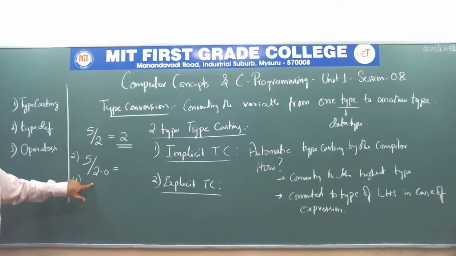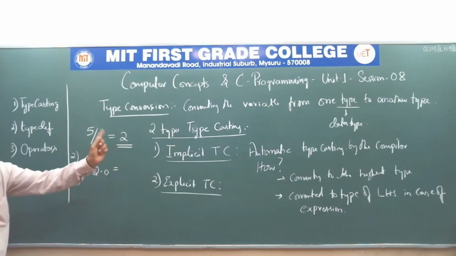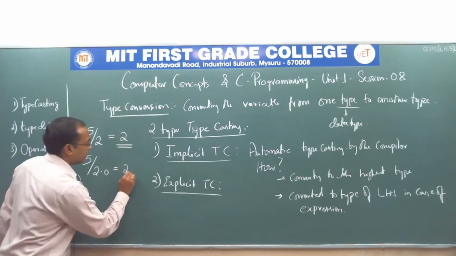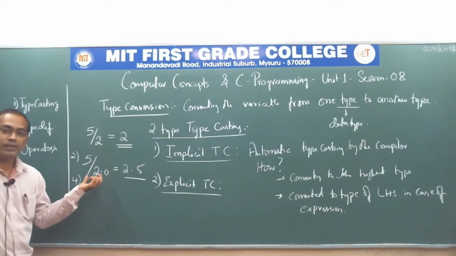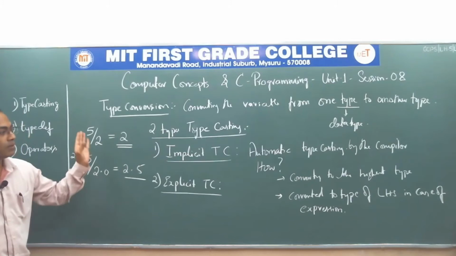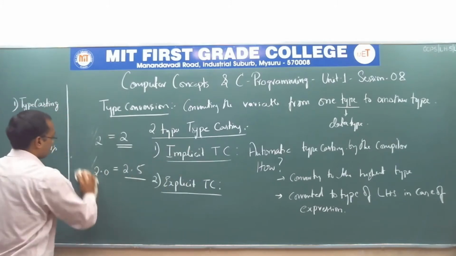Denominator is highest with respect to bytes. So what will be the conversion rule by the compiler, so it will be converted to the higher type. So the answer will be 2.5 because the compiler is going to convert to a higher type. So this is the example for typecasting for the first rule.